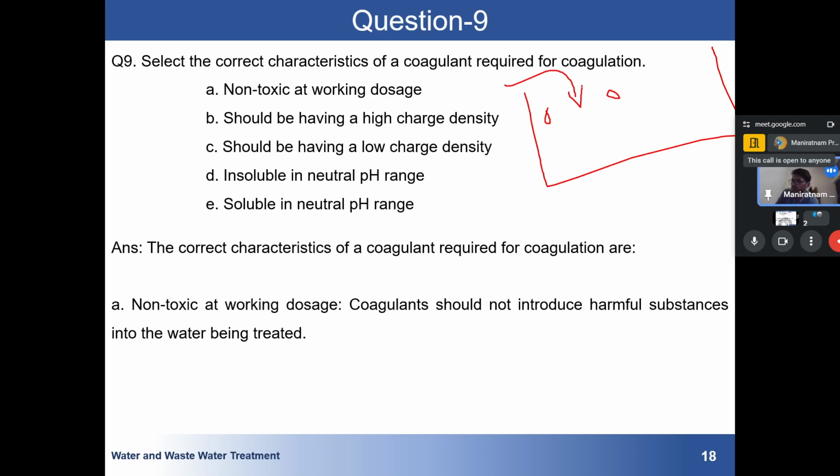Actually, when I was discussing, the most common coagulant is alum only. Initially, when there were no chemicals added, this particle would remain suspended. The term we use is that they are stable in the system.